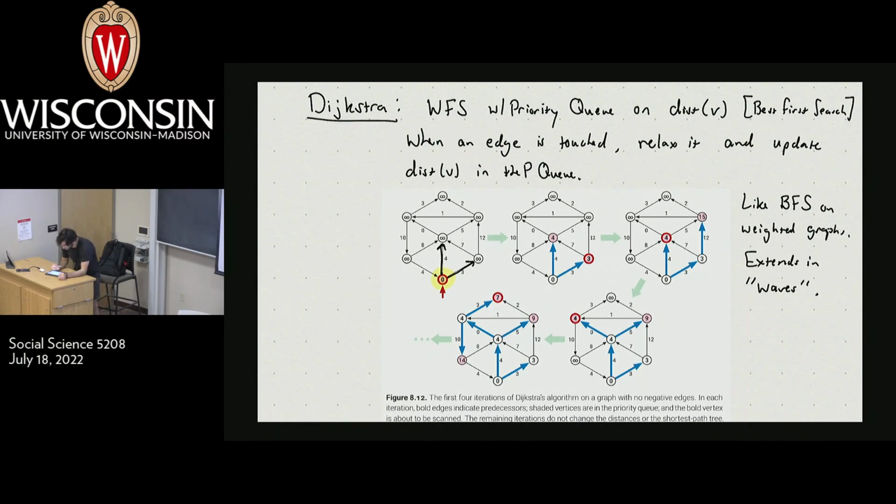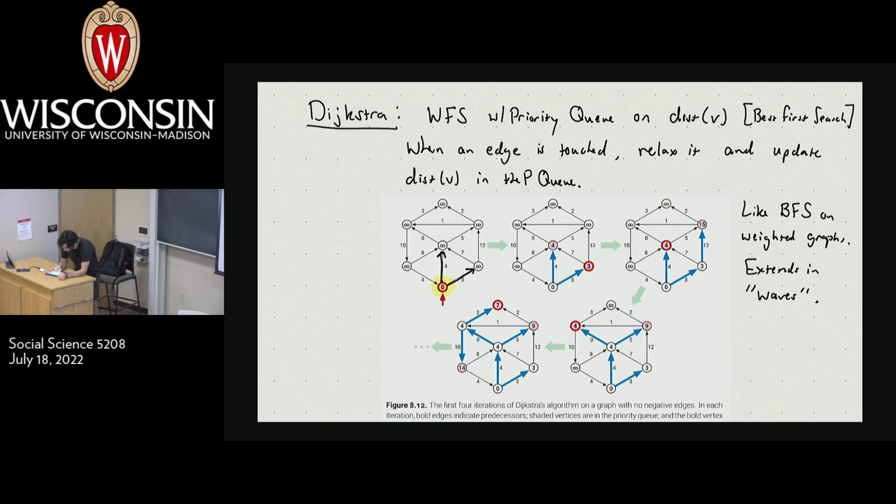So formally, the algorithm, you're running a whatever first search with a priority queue. In the book, this is called best first search. And the priority is on your distance estimate. So when you reach an edge, you're going to relax it immediately, and you'll update the distance of v in the priority queue.